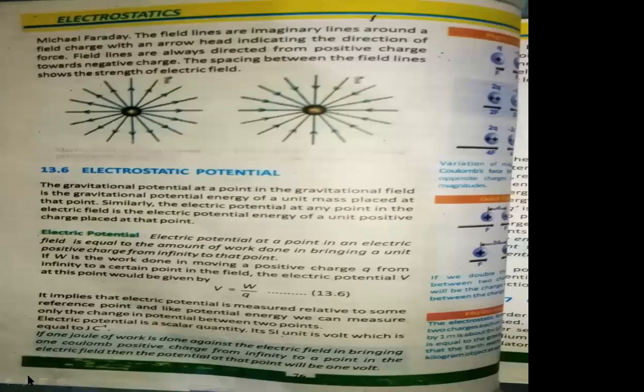Moving to the next definition, the electric potential. Electric potential at a point in the electric field is equal to the amount of work done in bringing a unit positive charge from infinity to that point. As I told you in my last lecture, we have a positive charge and a test charge. Whenever the test charge is brought near the positive charge, it will either attract or repel.